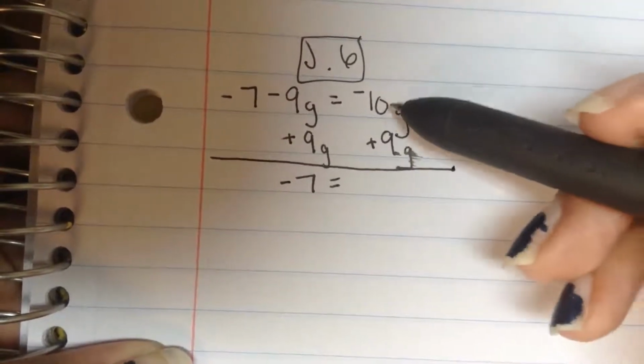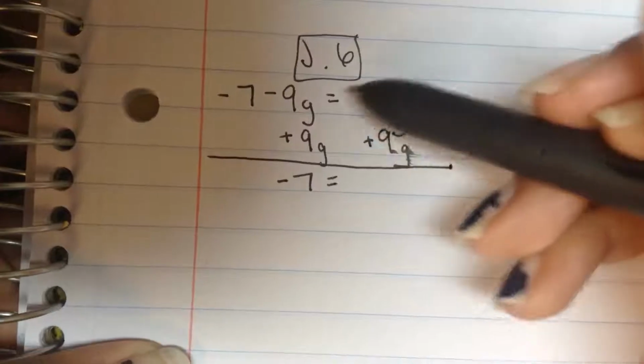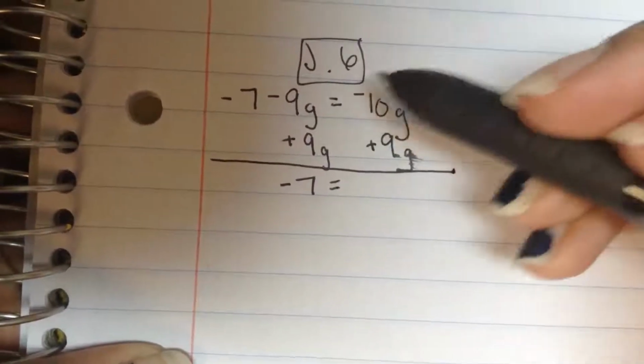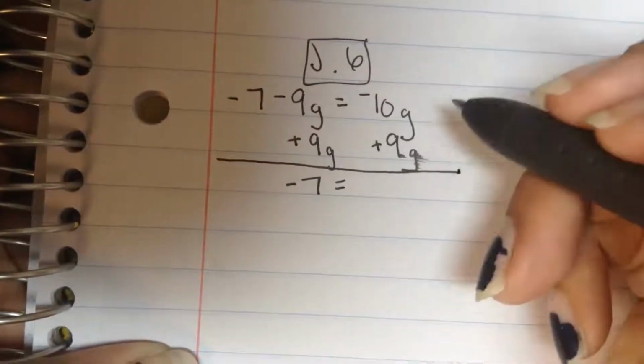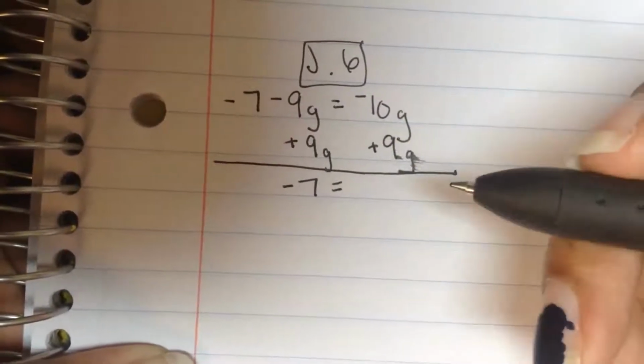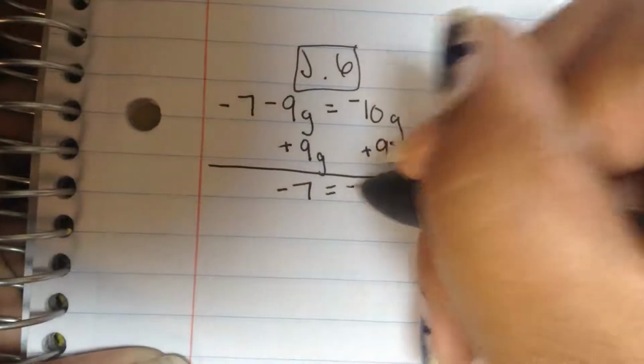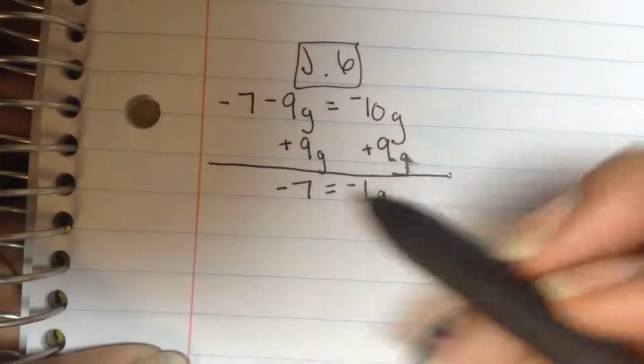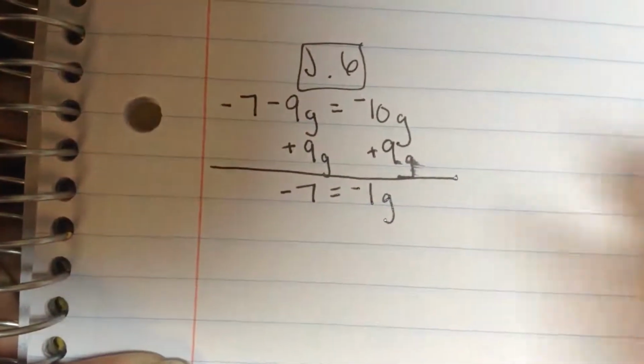And so 10 minus 9 equals 1. That negative is still there, so you got to add it back. So it's -1 instead of just a regular 1. Since this is a variable too, the variable pops down with it. It's not going nowhere. So we have -1g equals -7.